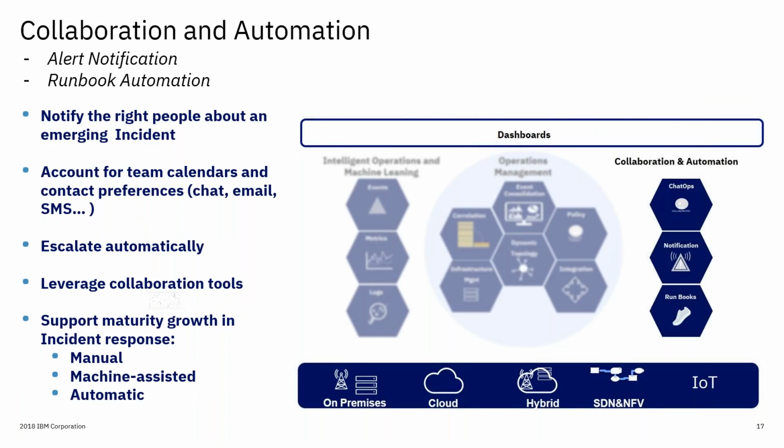So, and then finally, collaboration and automation. And this is probably one I will keep beating up over and over. If you're like me, you've been doing this for a number of years, and I still see it in the industry today. It almost makes me want to cry when I go in and hear that when you have a major outage, 27 people jump on a conference bridge and stay there for 8 hours until the problem is resolved.